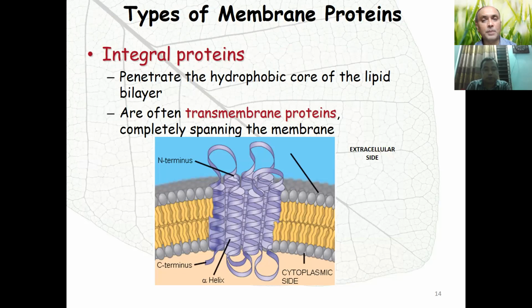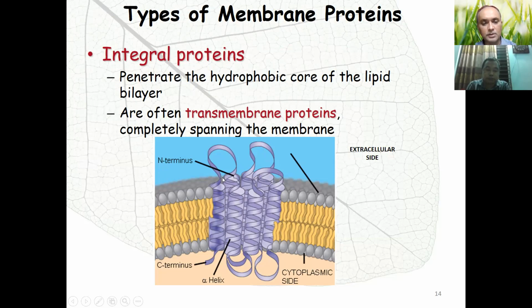So, types of membrane proteins: integral proteins penetrate the hydrophobic core of the lipid bilayer. They are called integral proteins. They are often transmembrane proteins. There are some that, you see, go from outside of the cell to inside the cell, crossing the membrane.